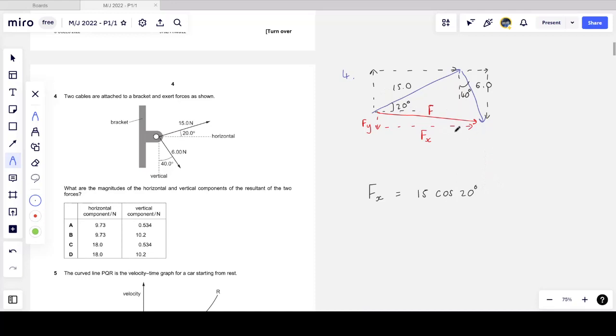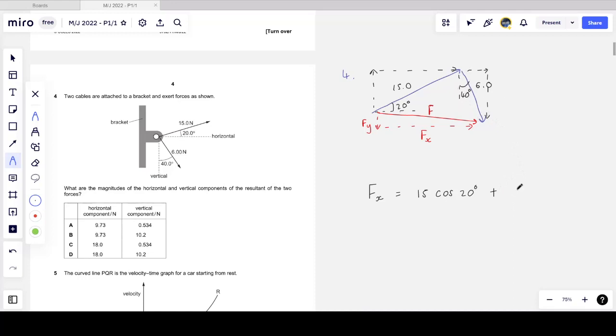But the resultant force also has a part of its x component provided by the second, smaller 6 Newton force, since it's also pointing to the right slightly. So I have to add that x component. What is confusing is now the angle is with the vertical rather than the horizontal.